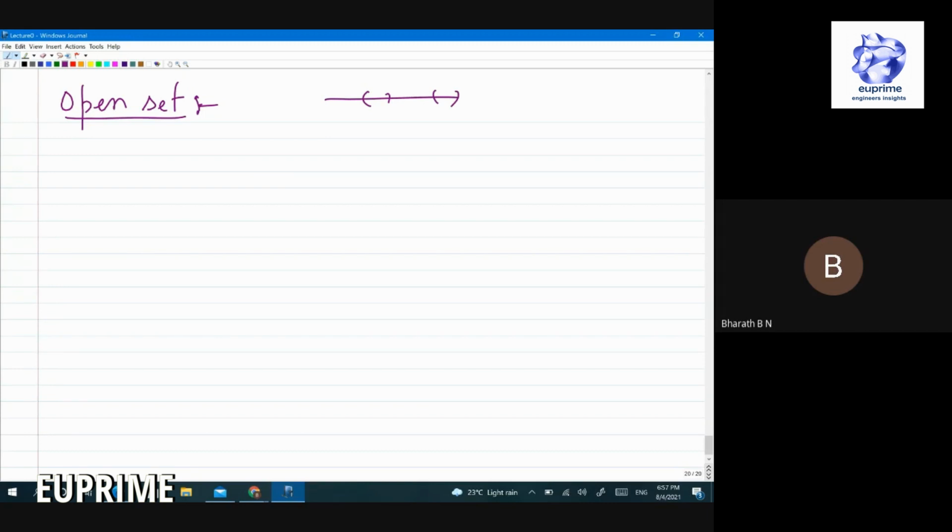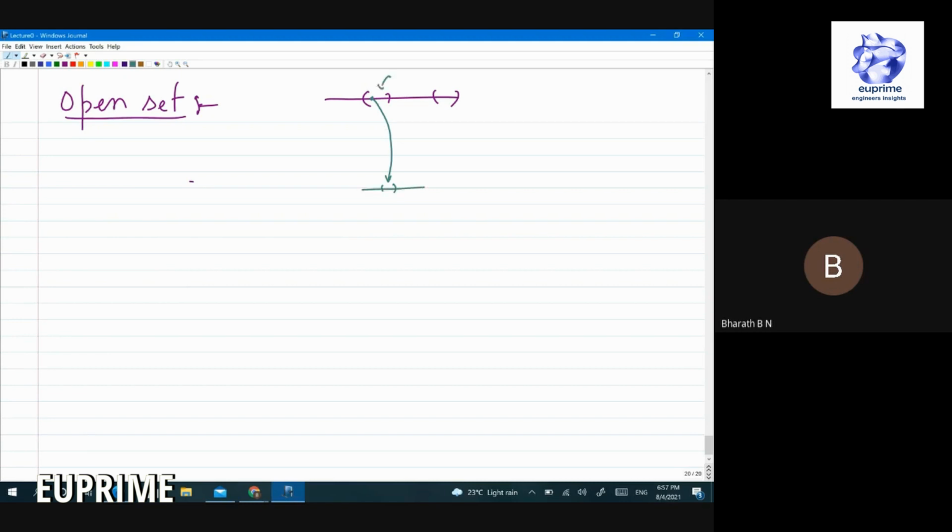So how do you define open sets? The idea is interesting. We say a set is an open set if you take any point, for example this point, I can put a small interval around that point such that this interval is sitting inside this set.